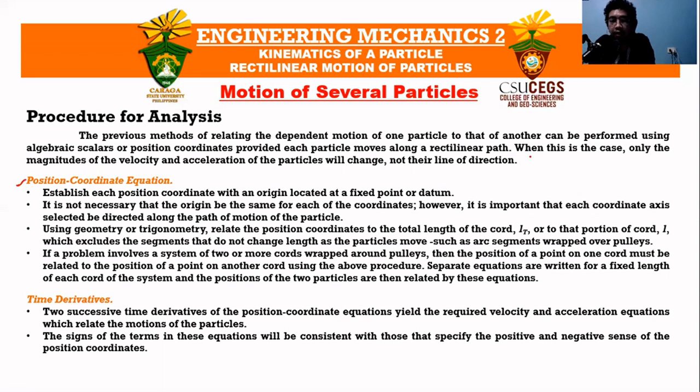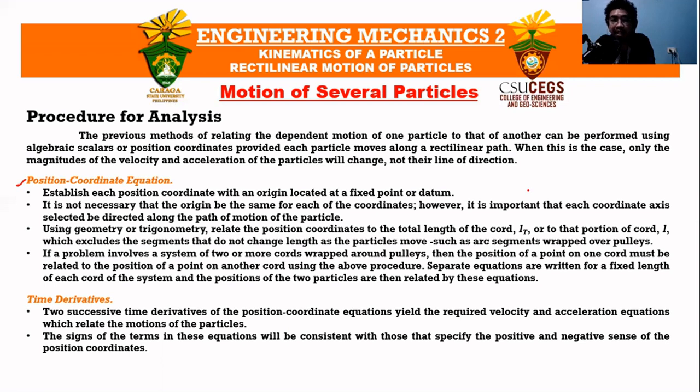Establish each position coordinate with an origin located at the fixed point or datum. It is necessary that the origin be the same for each of the coordinates. However, each coordinate axis selected must be directed along the path of motion of the particle. Using geometry or trigonometry, relate the position coordinates to the total length of the cord, LT, or to that portion of cord L which excludes the segments that do not change length as the particles move, such as arc segments wrapped over pulleys.